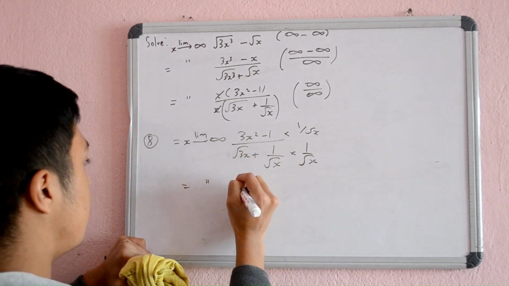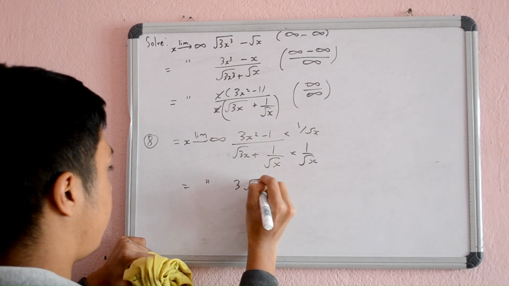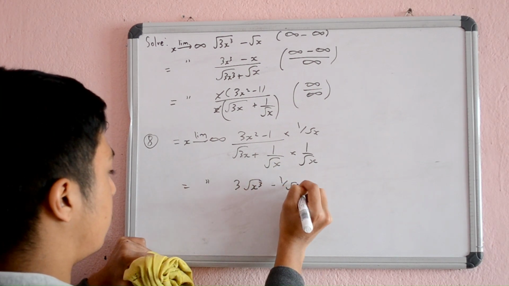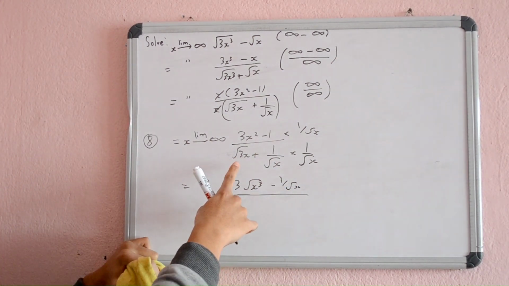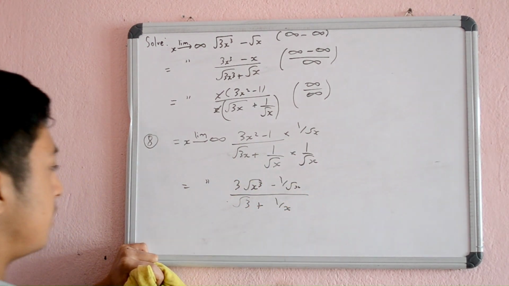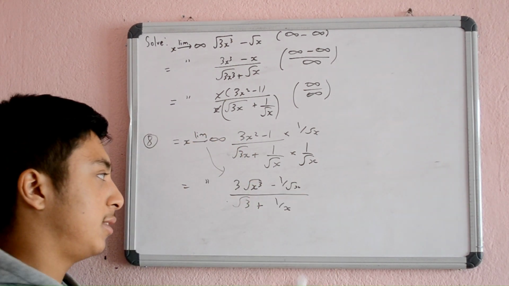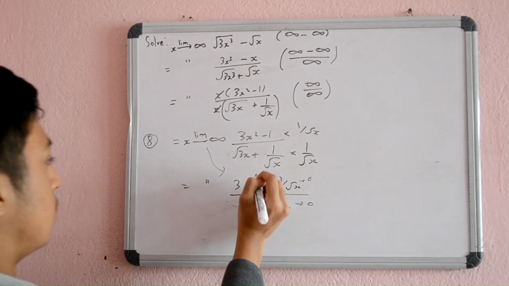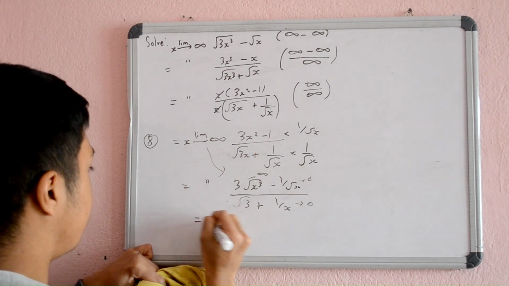This becomes 3 by root x, this is root x cube, minus 1 by root x, and this just root 3 plus this multiplied by 1 by x. Put the limit in. This is infinity minus 0, by root 3 plus 0. Infinity by root 3. This is also infinity.